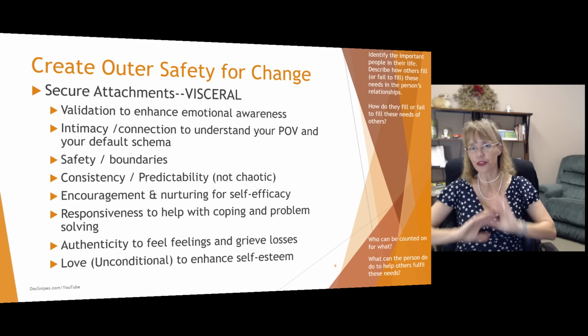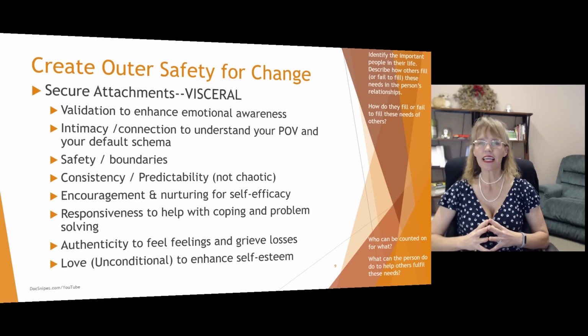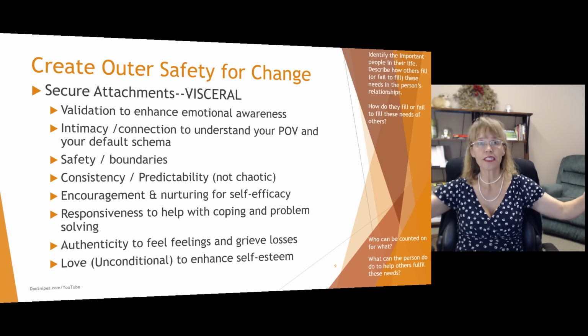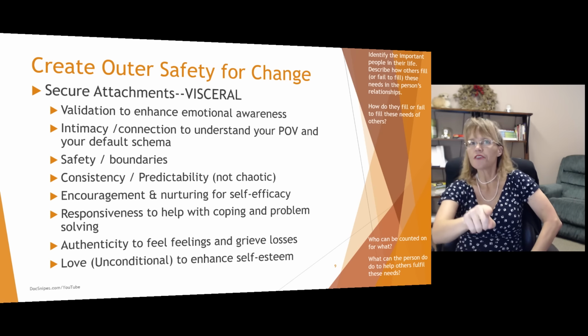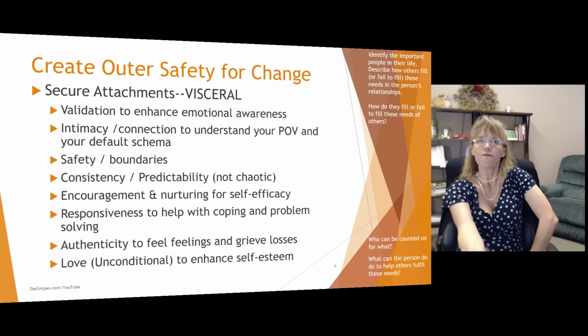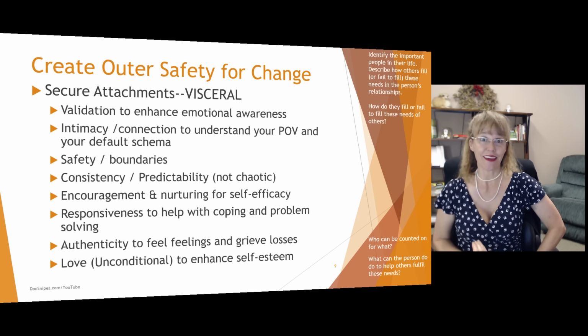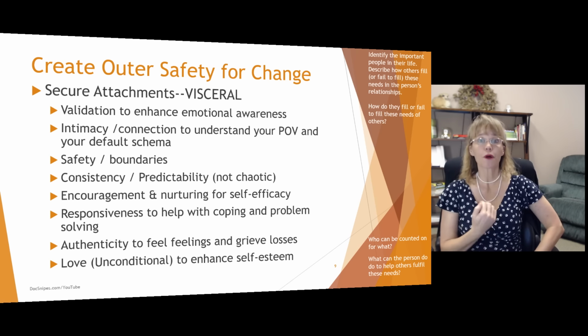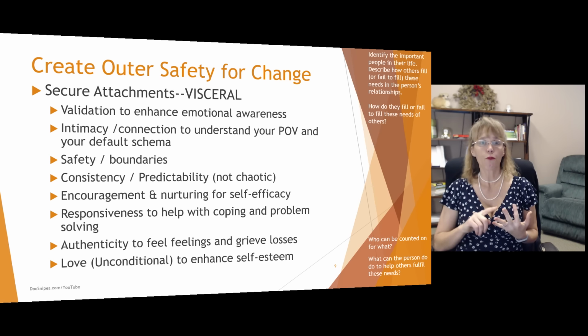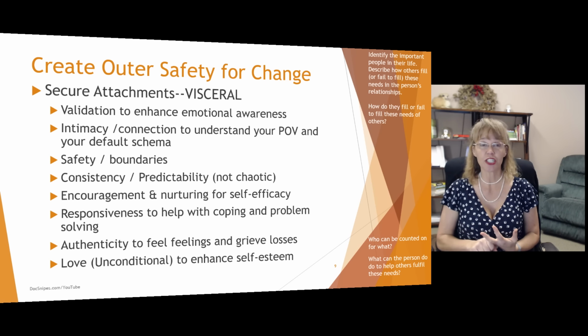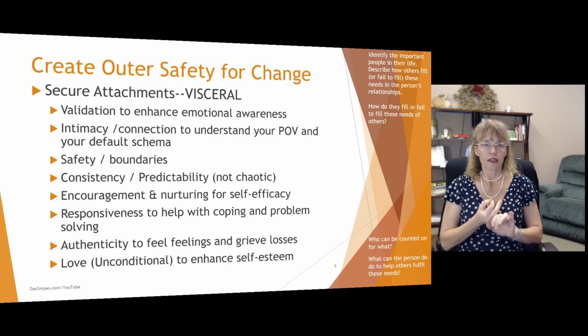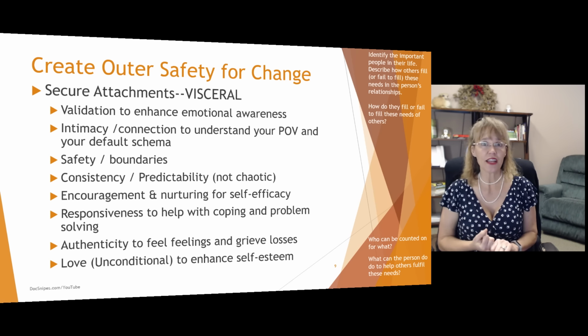The third step is to start looking at the important people in their life and saying, okay, now how does this person fulfill these needs for me? In what ways is this person validating, supporting intimacy and connection, safe, consistent, encouraging, responsive? In what ways do they allow me to be authentic?